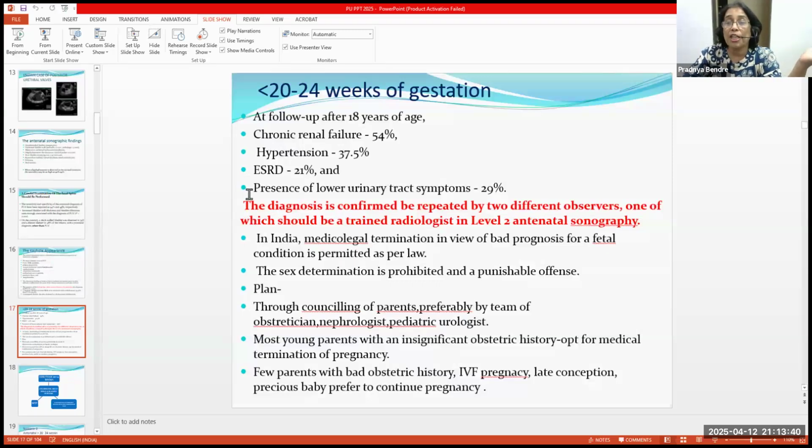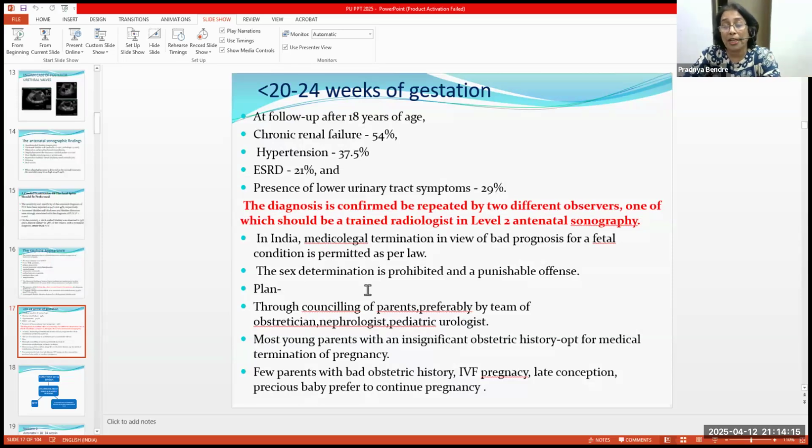For advising termination of pregnancy, it is very important that you are not relying on one single anomaly scan. We must ask for one more opinion by a level 2 radiologist, and having seen the same findings, we must counsel the parents, preferably by a team of obstetrician, nephrologist, and pediatric urologist, and then give the option of termination.